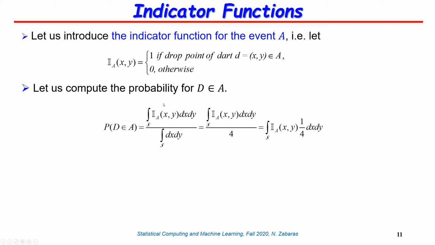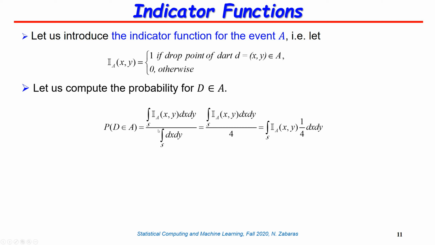You can see immediately that this is equal to the area of the circle, because the indicator function is 0 outside the circle and 1 inside, so this integral becomes the area of the circle. I will keep this integration over S of the indicator function.